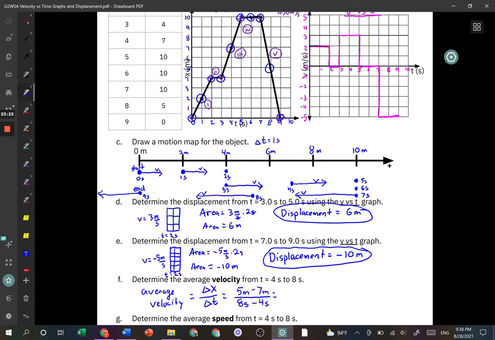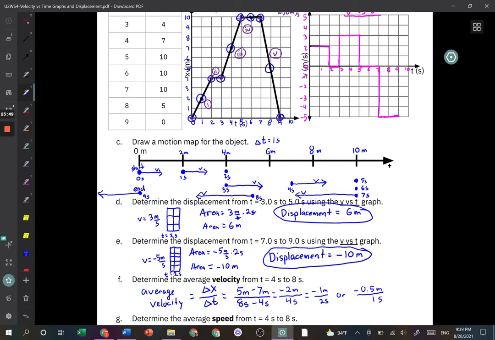So the change in position in this region is going to be minus 2 meters, and that change in time is positive 4 seconds. So the average velocity looks like it will be negative 1 meter over 2 seconds, or we can also write that as negative 0.5 meters every 1 second.